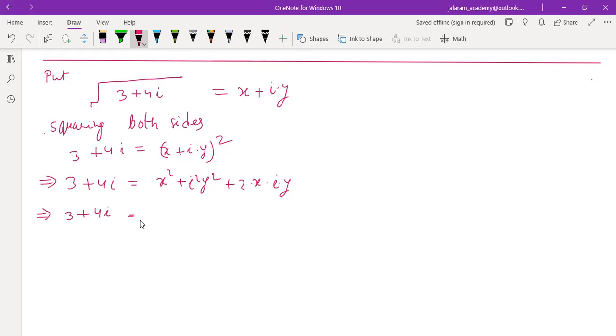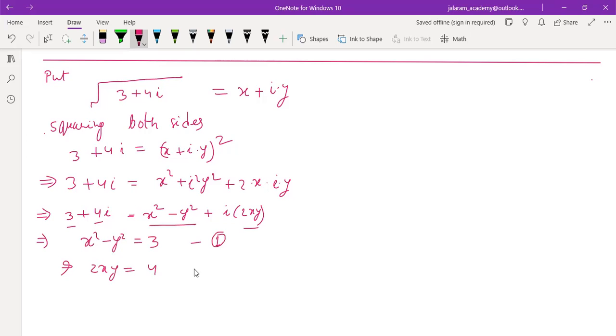Yes, sir. 3 plus 4i equals x square minus y square plus i into 2xy. So comparing real parts and imaginary parts both sides, x square minus y square equals 3. Write this as equation number 1. And 2xy equals 4. Write this as equation number 2.